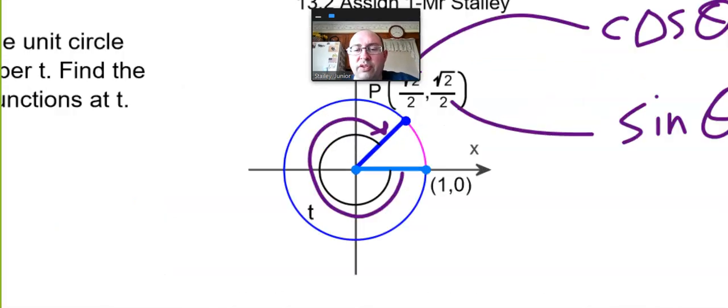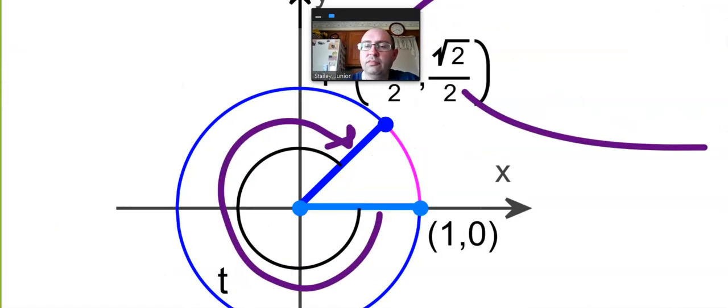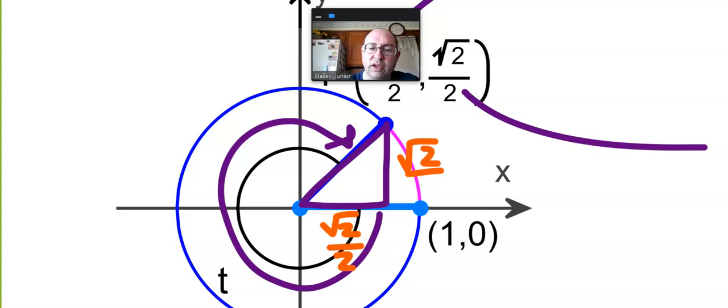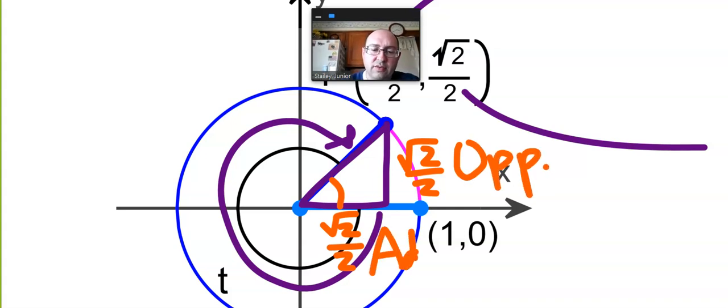I am going to zoom in on this because I want you to realize that we're dealing with a triangle, right? In that triangle, we have a side length, an x value side length of radical 2 over 2, and a y value side length of radical 2 over 2. Remember, from this angle, this is the opposite side, and this is the adjacent side.